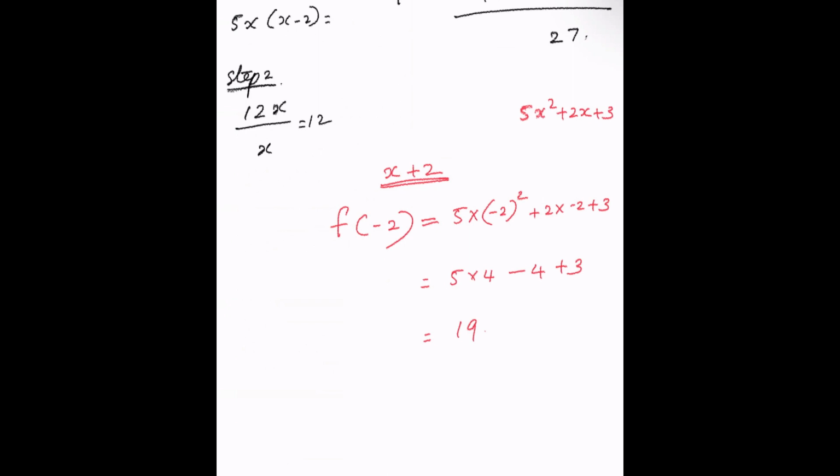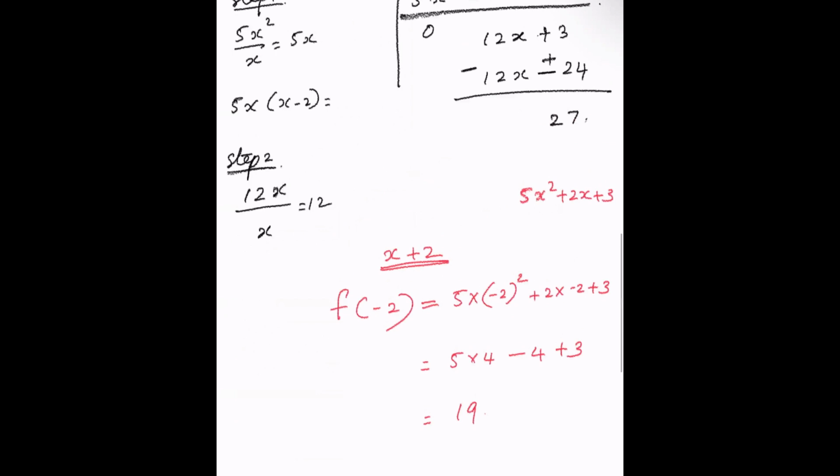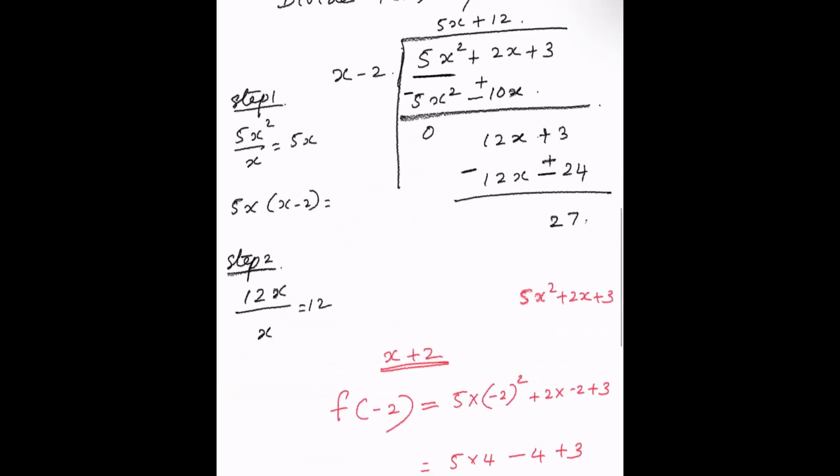So without performing the actual division, I can find out what will be the remainder when one polynomial is divided by another polynomial. Understood? Here, I am dividing the polynomial 5x square plus 2x plus 3 by x minus 2. When I divide that, what will be the remainder?